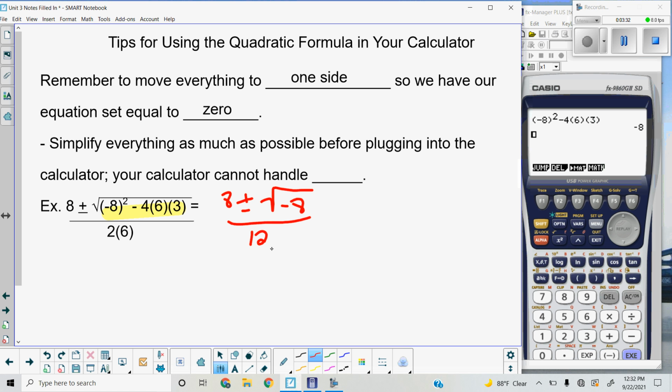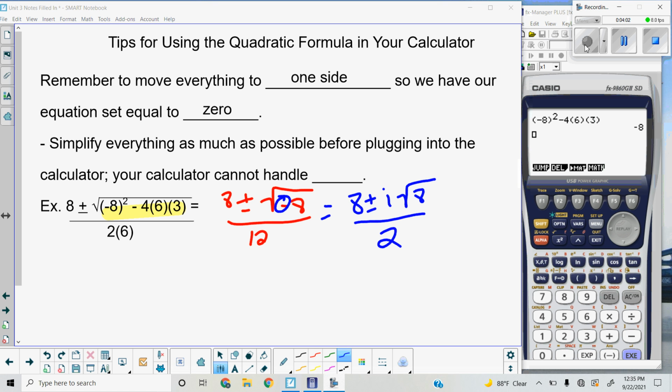Now, the reason we can't start with our square root is because we have a negative square root. So now we have to take our negative out, so 8 plus or minus i, the square root of 8 over 12.